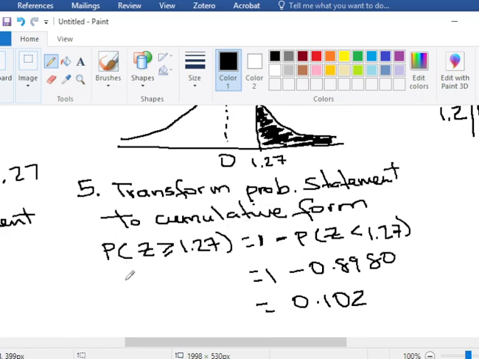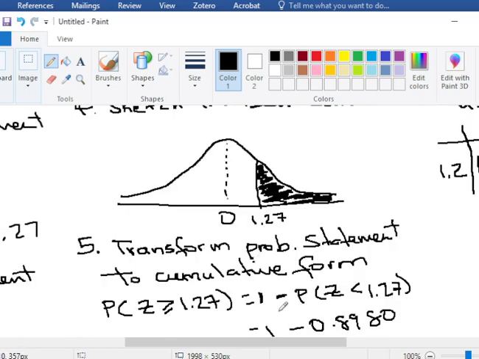If we say what is the probability that z is greater than or equal to, that's not up to or included, that's above this point. So what we're looking for is less than or less than or equal to. So for this one, we take greater than and we're going to subtract from 1 to get it in cumulative form. So we need to see a less than. That's pretty much what's going on here.